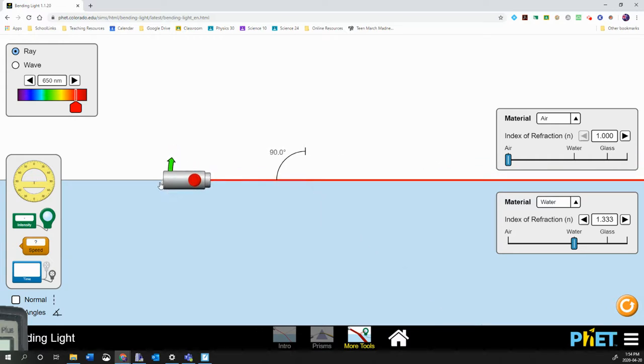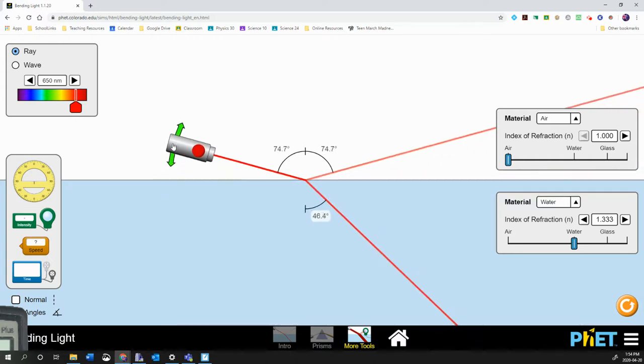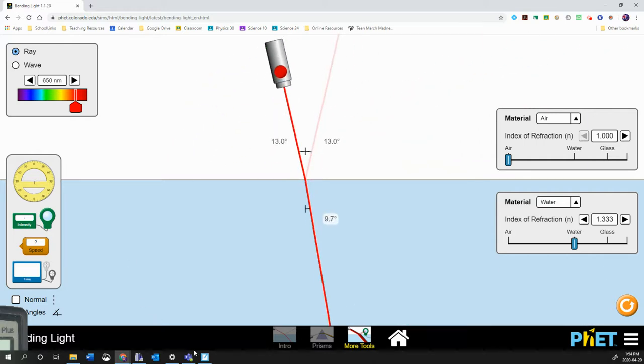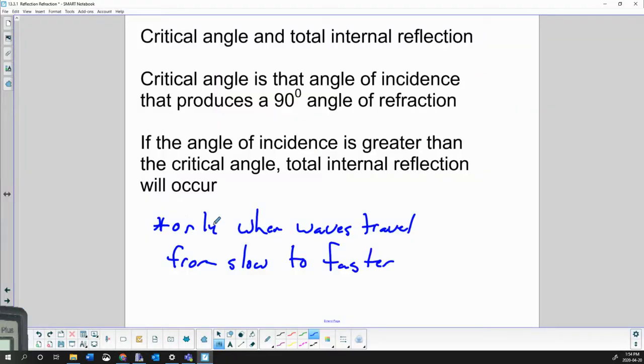No matter how big we put the incident angle, we will always get a refracted angle. So, getting back to this important note, critical angle and total internal reflection only occur when waves travel from slow to faster mediums. So somewhere where the index of refraction is greater in the first medium than it is in the second medium.